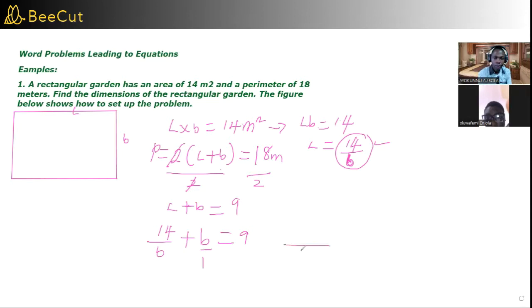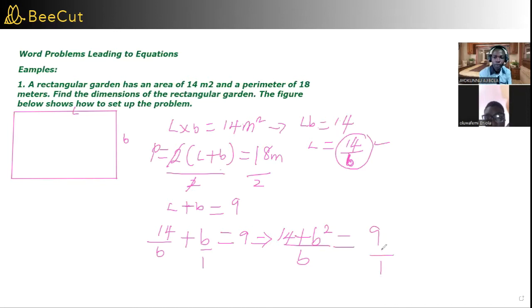The LCM there is b. b cancels b, then you have 14, so b here is 1, 1 times 14 is 14, so you write 14. And 1 in b is b, b times b is b squared, so that is plus b squared. Then that gives us the 9 over 1.